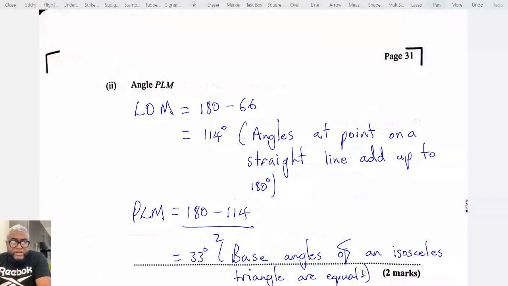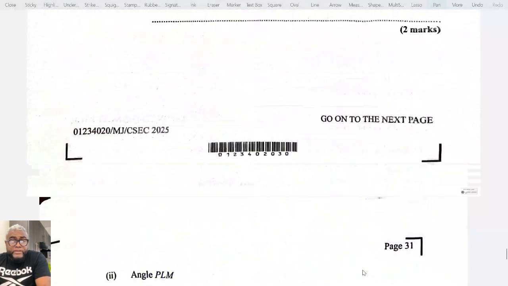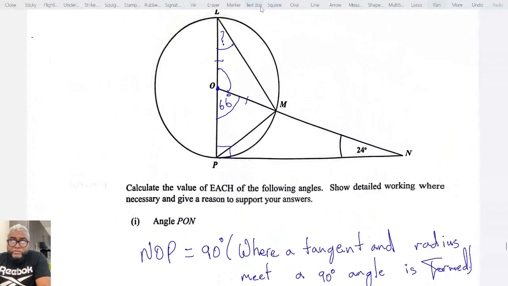I'm going to scroll up for you to see and then I'll come back for you to write. For those who didn't see it, we found LOM first, which was 114. PON was 66.